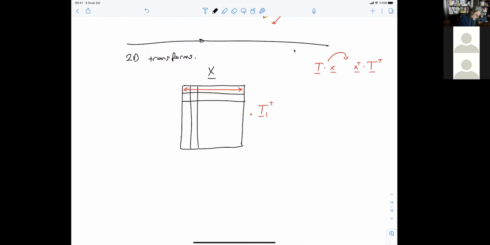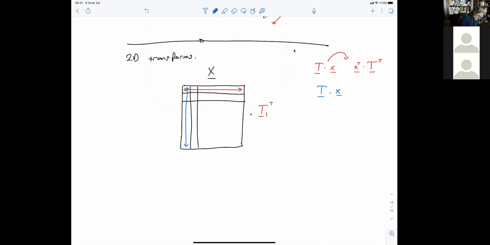Now, how about the columns? Let me use a different color, a blue color. This column. Those columns are already in the form of X, so there is capital T times X. So when I multiply from the left-hand side with this column, things are available to us.